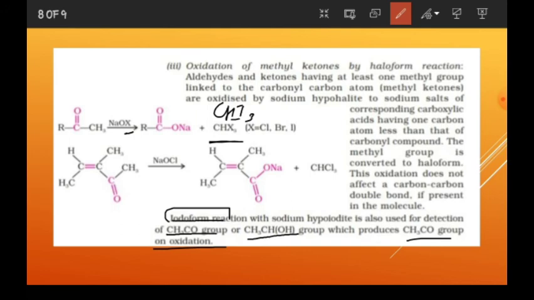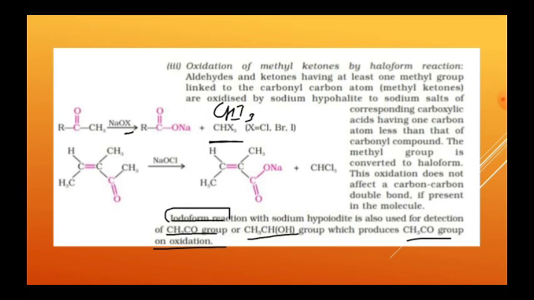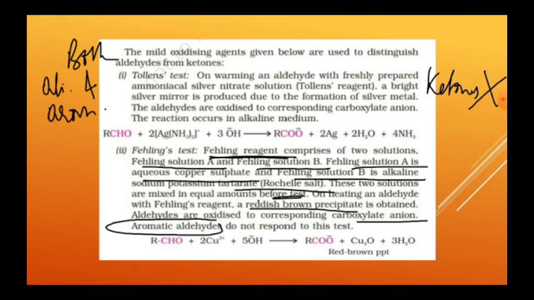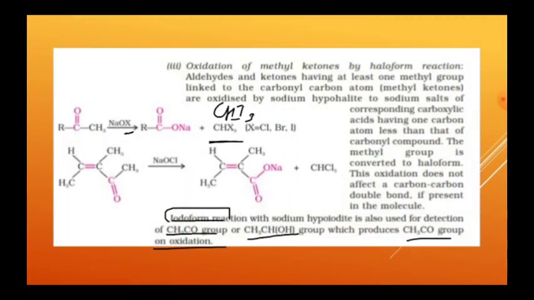So this test is particularly known as iodoform. All these tests that I have discussed will help you distinguish between various functional groups. Now why iodoform for this haloform test? Because in the case of iodine we get a very good yellow precipitate.